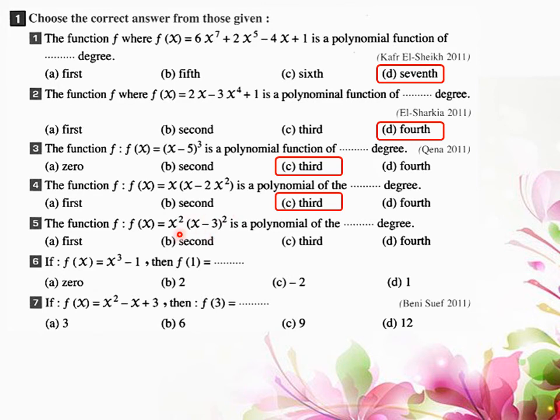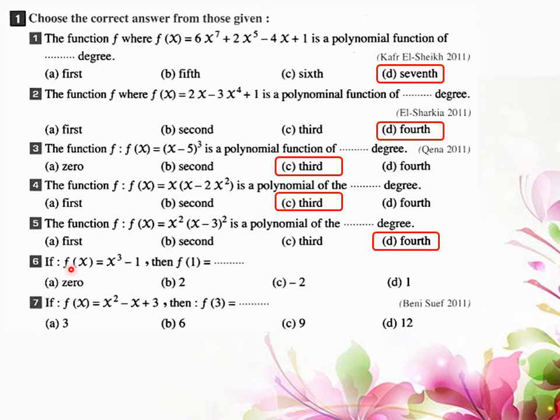Number 5, x power 2 times x minus 3 all power 2. If we put this bracket in standard form, the greatest power for the bracket only is x power 2, and x power 2 times x power 2 equals x power 4, so the highest power in this function will be x power 4, so it is a polynomial of 4th degree.